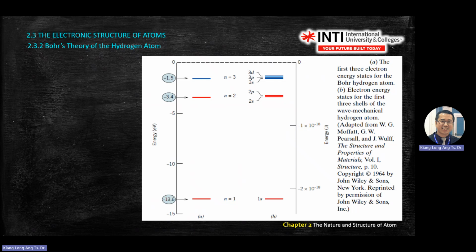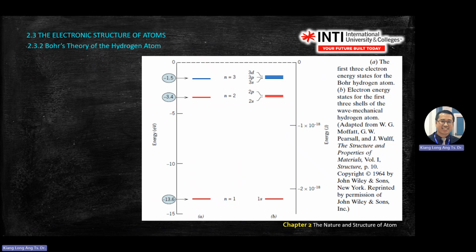You take minus 1.5. Why do you take minus 1.5? Again, how do you find the difference between two places? What is your concept? You talk about the general equation first. You take E1 minus E2.